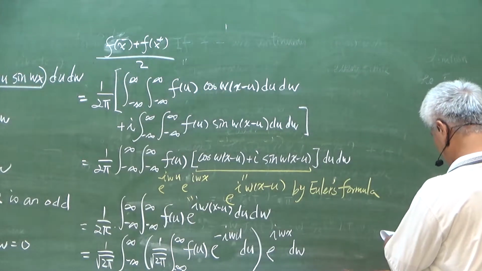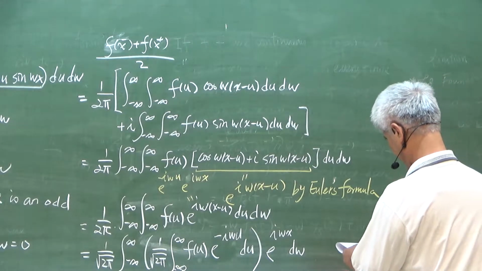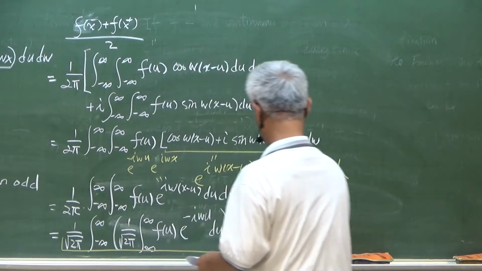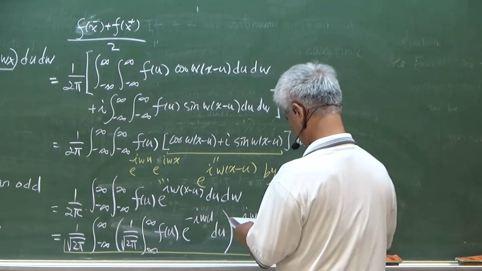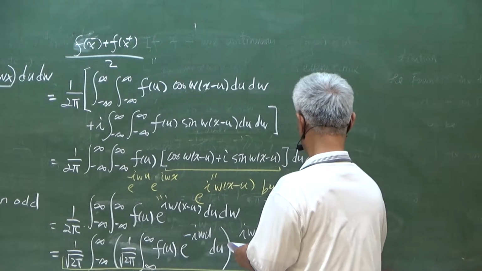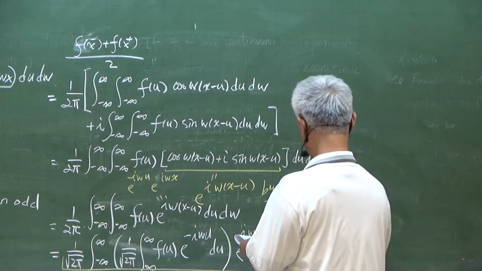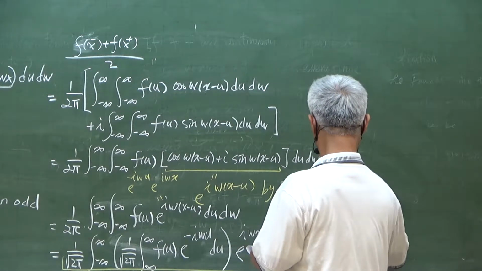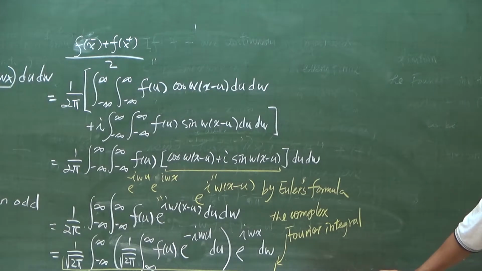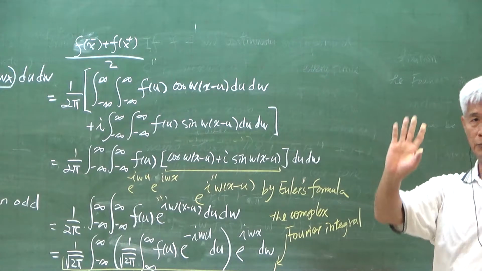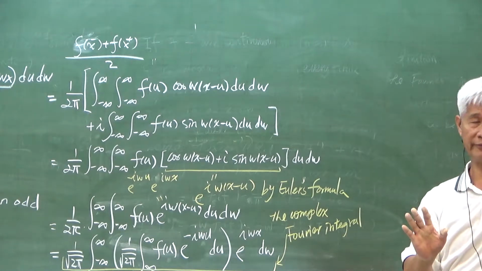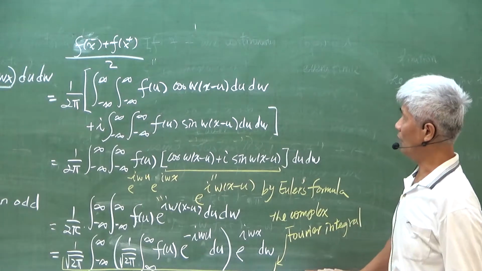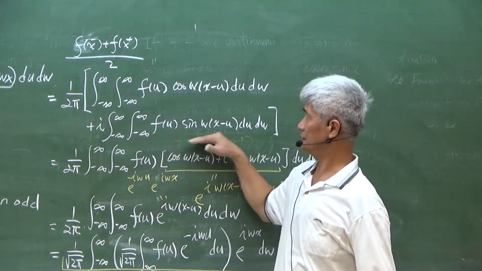Alright, so the integral here altogether is called the complex Fourier integral, compared with the real Fourier integral we obtained in section 11.7. Okay? So this is the complex one. The only thing we add is this term.